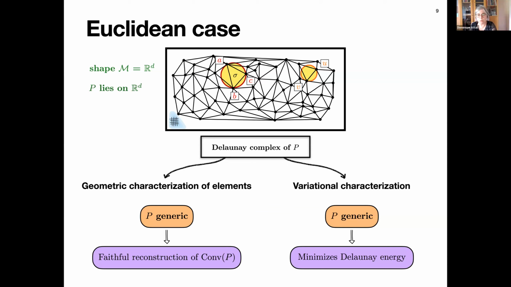For this, we just construct the Delaunay complex of the points. And we know that when the points are generic, this will provide indeed a faithful reconstruction of the convex hull of the points. And what is nice is that this Delaunay complex has a geometric characterization of its elements, but it also has a variational characterization that I'm going to describe.